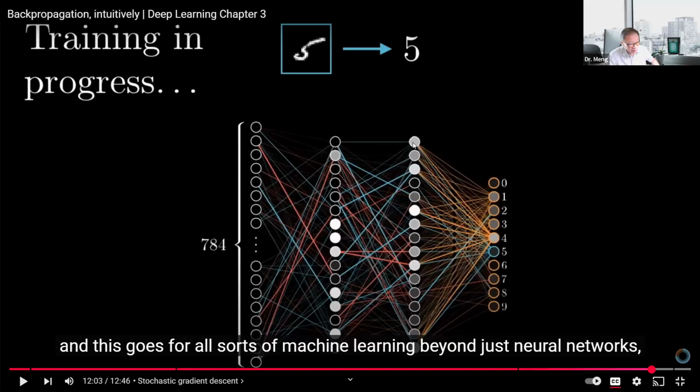In order to achieve that, we need to update the weight and bias of the previous layer, which means the second last layer in the hidden layer. And this process continues: we're going to update the weights and bias of the third last layer, all the way back to the first layer, the first hidden layer.